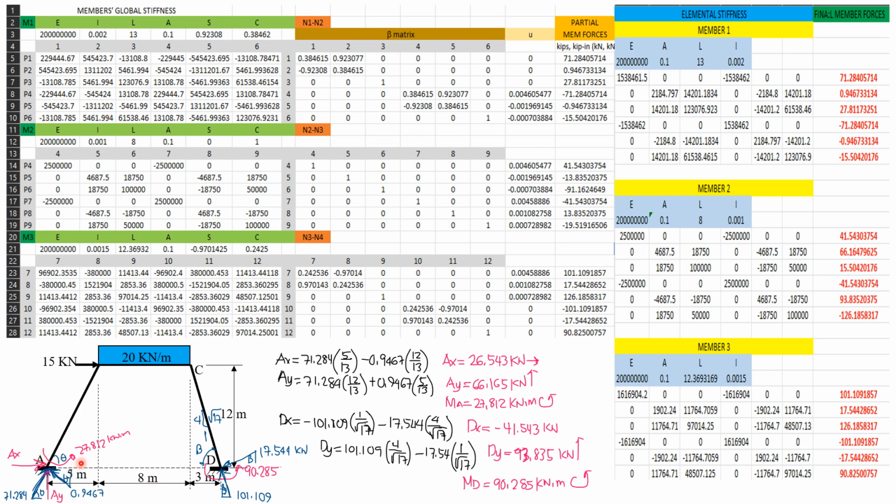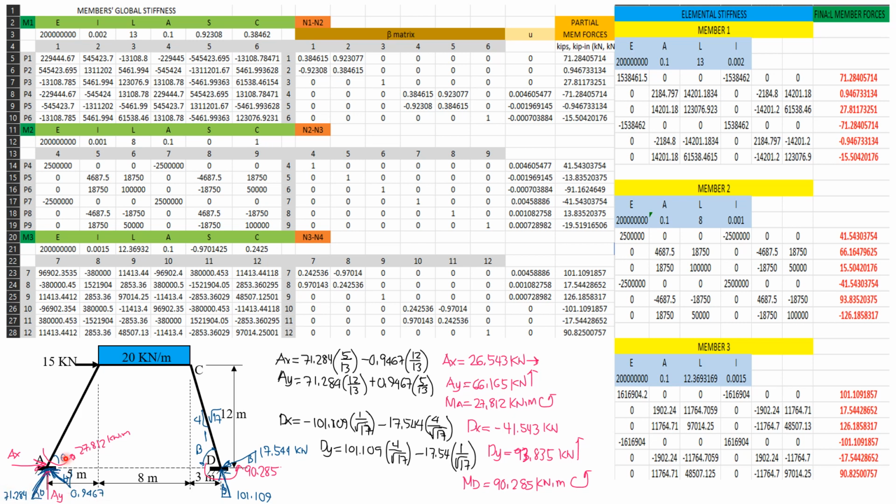And the moment is the same, counterclockwise, positive 27.812. So from the figure, if I call this theta, AX is the horizontal component of 71.284 minus the horizontal component of 0.9467 because it is directed leftward.